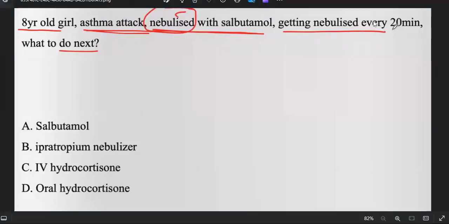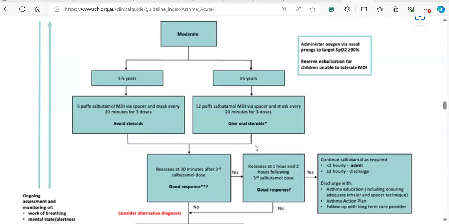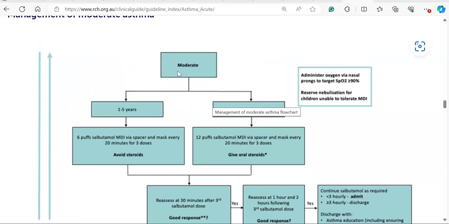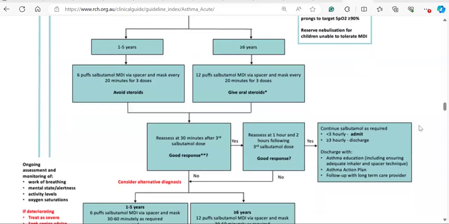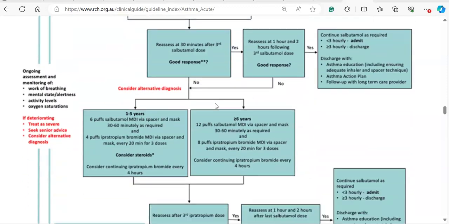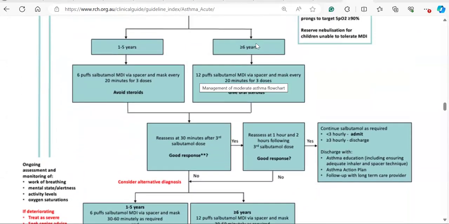So it is an acute asthma attack in an 8-year-old, right? Can't be sure what kind of asthma, whether it is a mild, moderate, or severe attack, but it's fine. If it is a moderate asthma, you give salbutamol every 20 minutes for 3 doses, and then look at whether the patient is getting a good response.